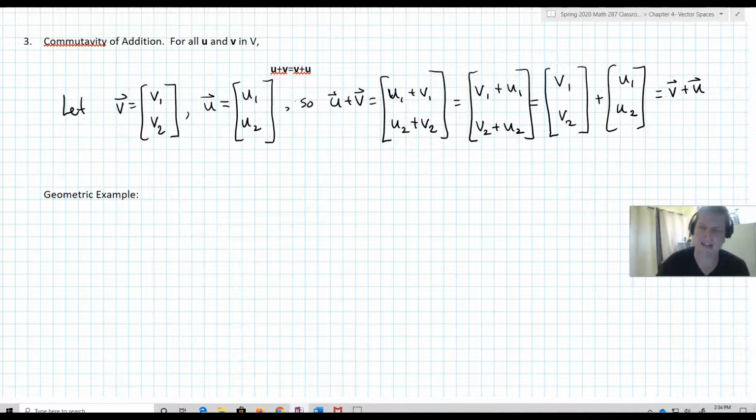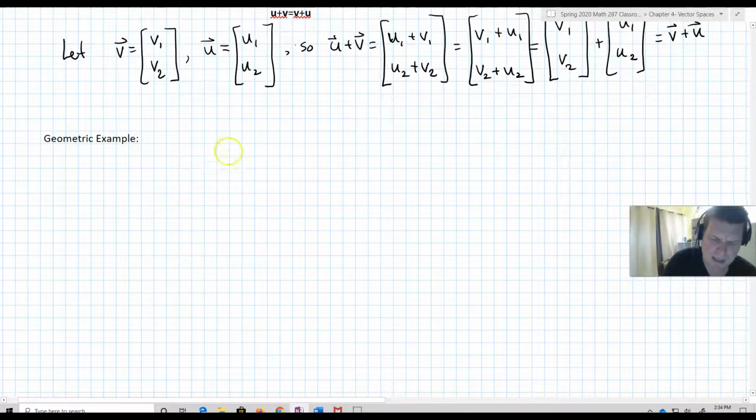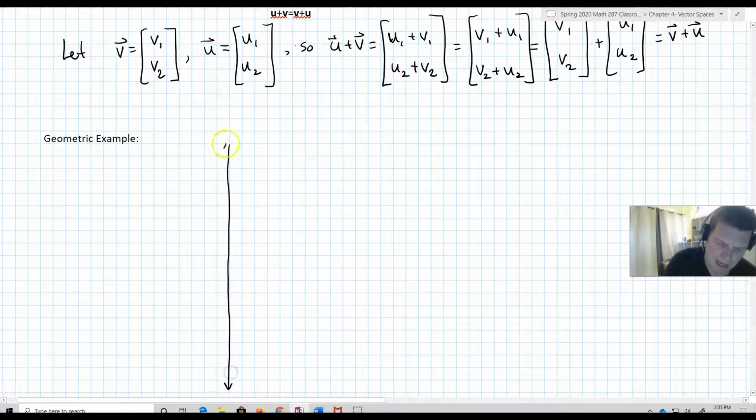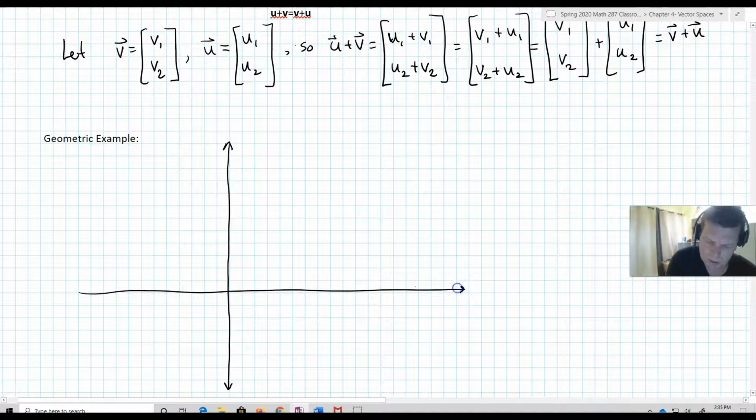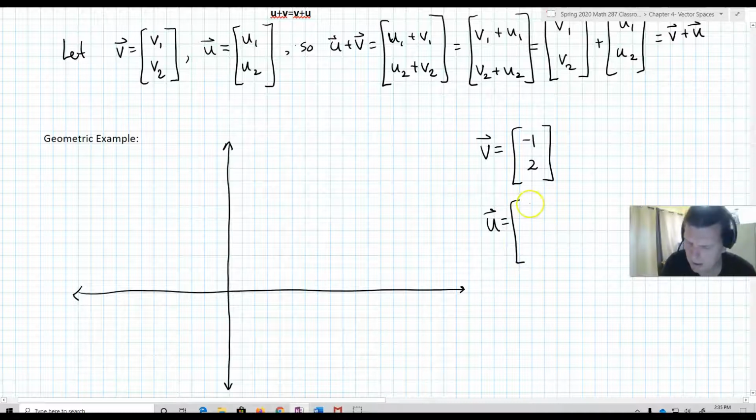Now, a geometric example for commutativity of addition is basically that we can add tip to tail two vectors any way that we want to. So let's take first, we'll let v equal 1, 2, and u equal 3, -1.